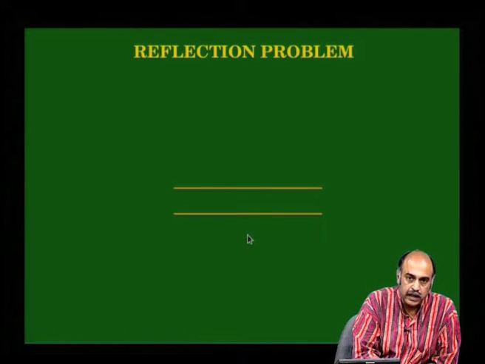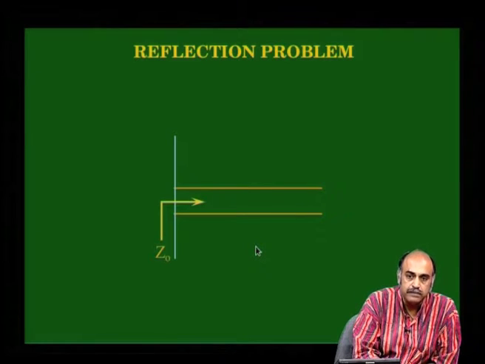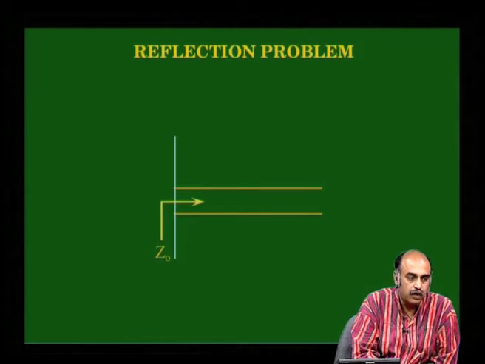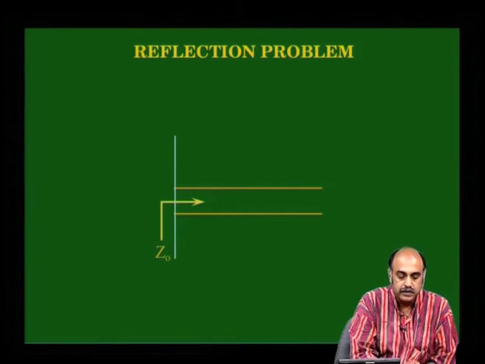These two tracks here, and this is the source end and this is the load end. Let us say that the wave impedance is related to the square root of L by C.